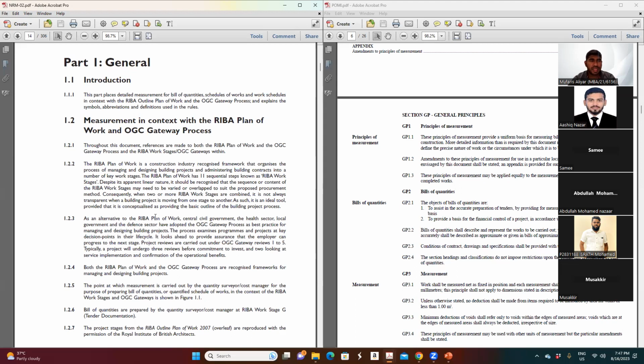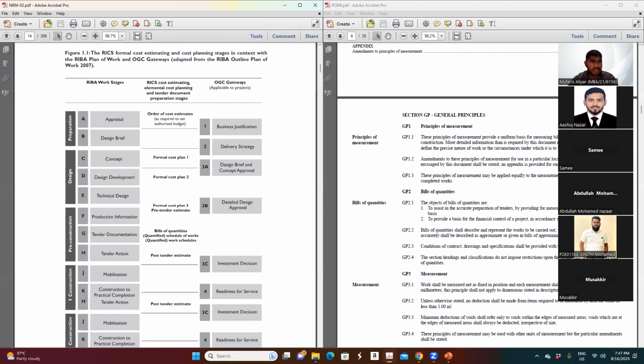Then the part one starts here, where they talk about measurement context. This is what I showed you, that the project is categorized into different phases and three different entities, however they call it. You must have some understanding of this. It's a very important thing. What is the phase of the building?